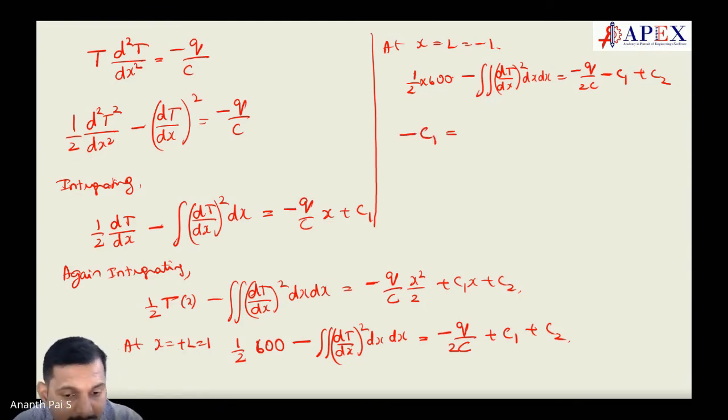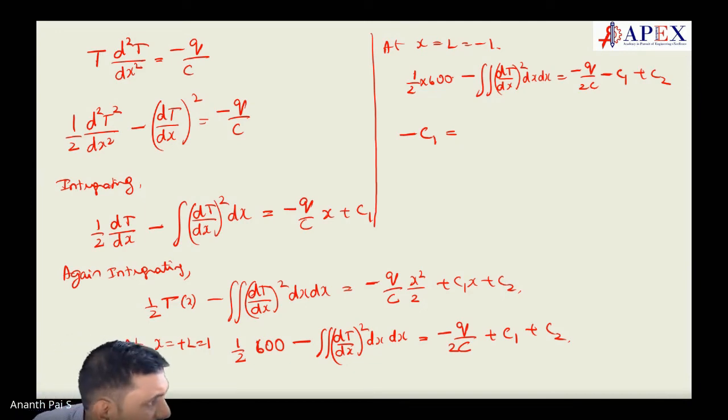What is that? Minus c1 is equal to, this cancels. You can get, is it not? You get 2c1.